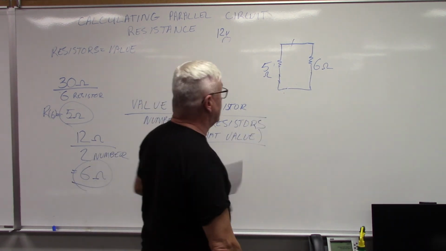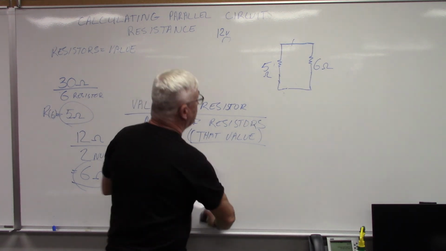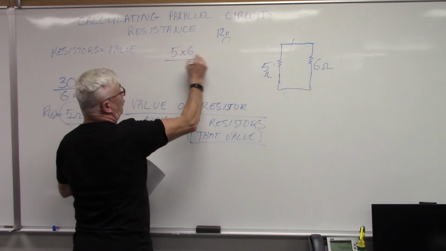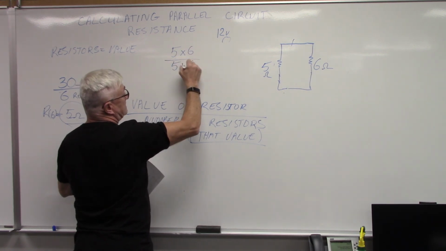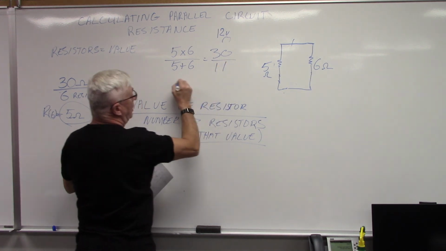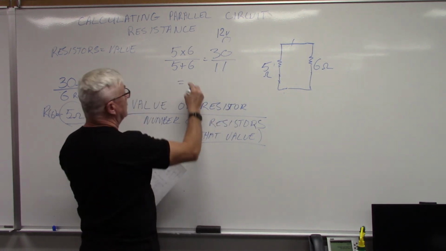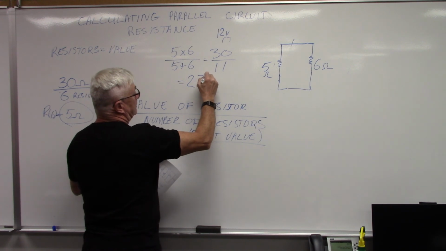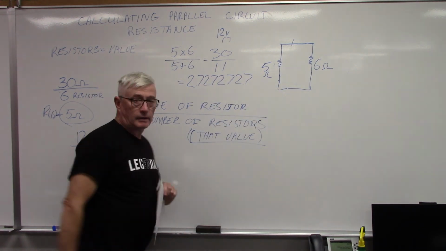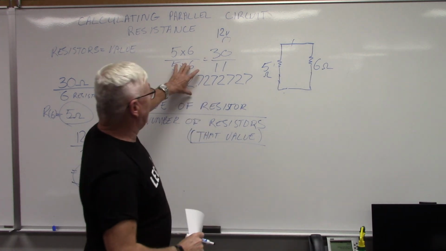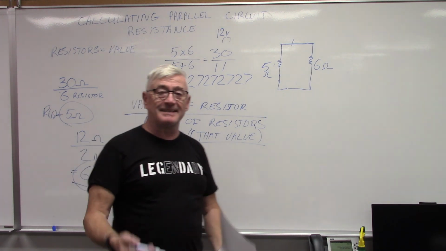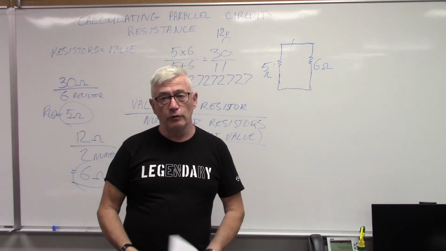I'm hoping you're saying product over sum. So we can take 5 times 6 over 5 plus 6 equals 30 divided by 11, which equals 2.7272727 forever.